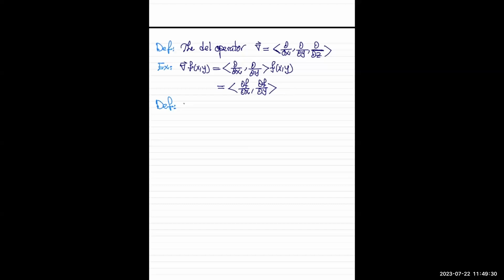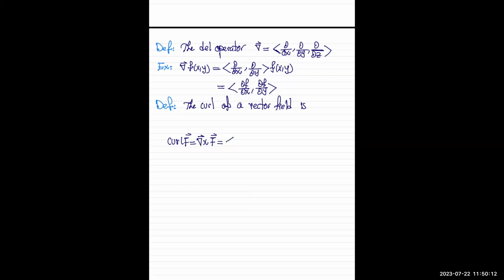One of them is called the curl of a vector field. I know this kind of sounds fancy. This is basically the del operator crossed with the vector field. We write this as curl of f. Okay, curl of f is the del operator crossed with the vector field.